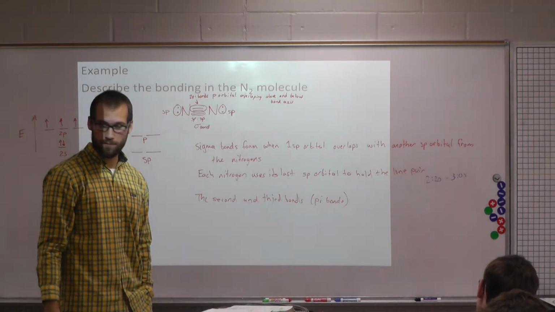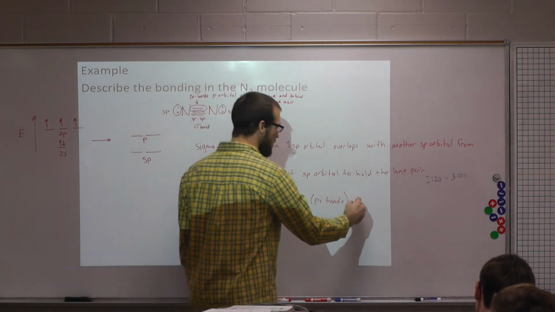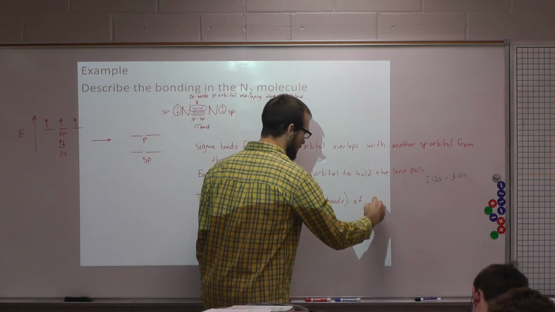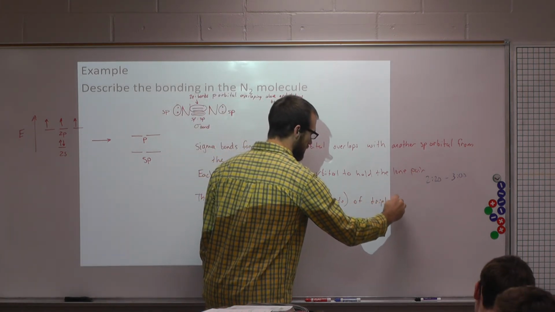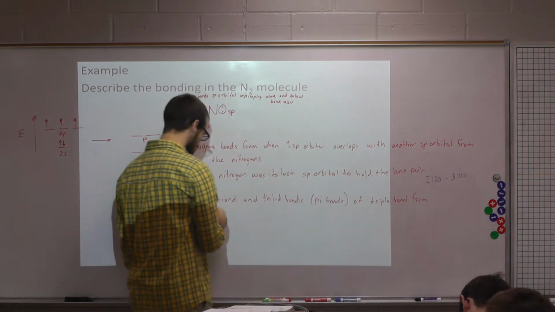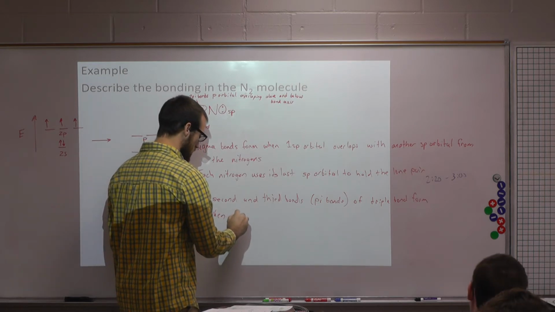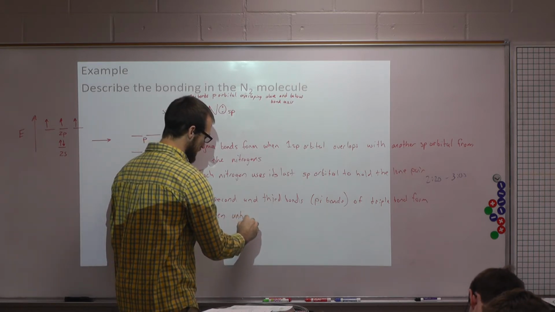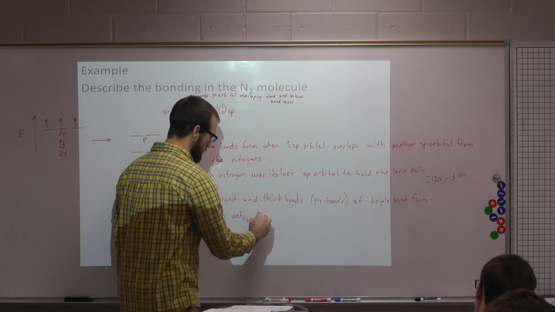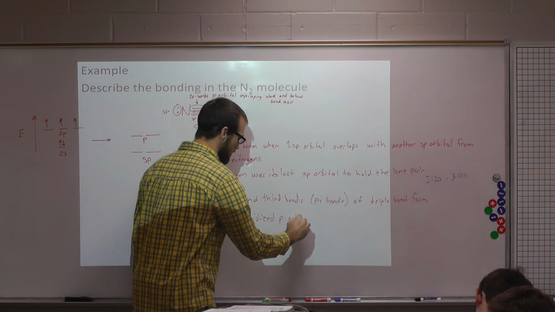So the second and third bonds of your triple bond form when unhybridized p orbitals overlap.